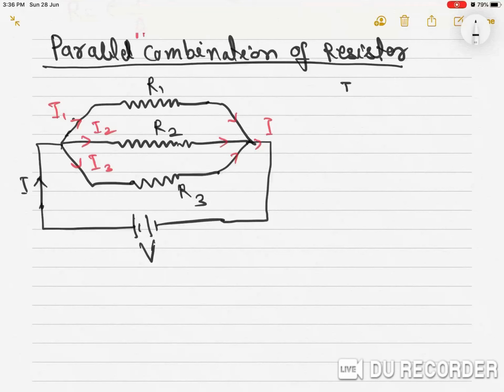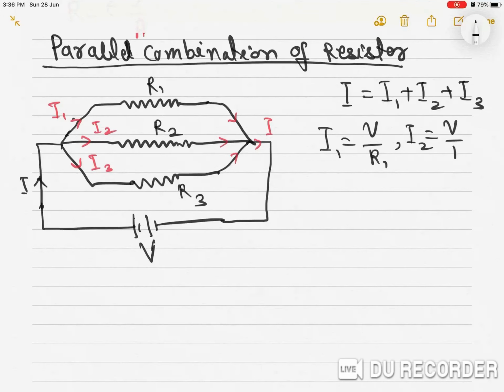So, current is divided, that is I is equal to I1 plus I2 plus I3, and we know that I1 is equal to V upon R1, I2 is V upon R2 and I3 is V upon R3. If the equivalent resistance of all these three is Rp, then I will be equal to V upon Rp.